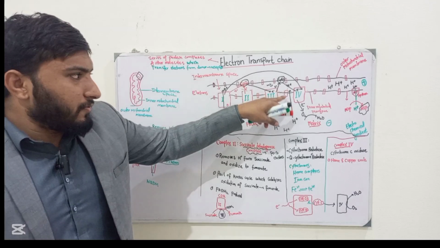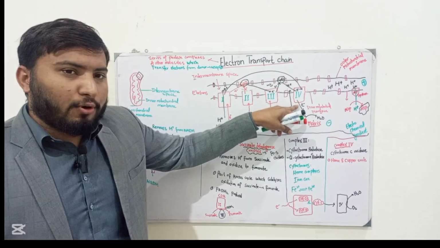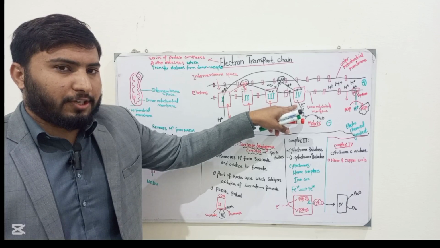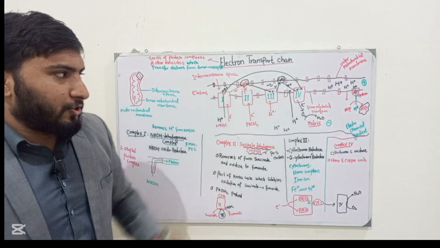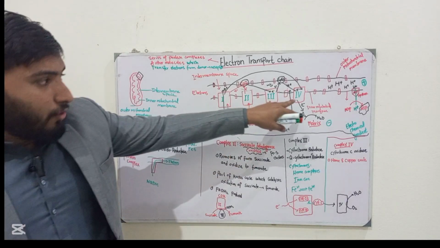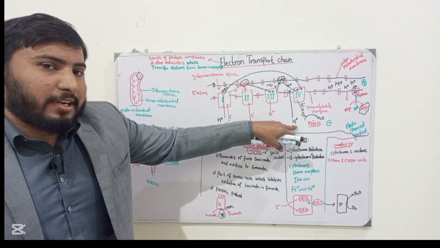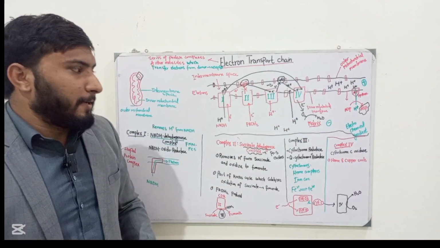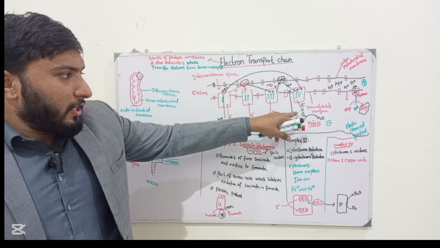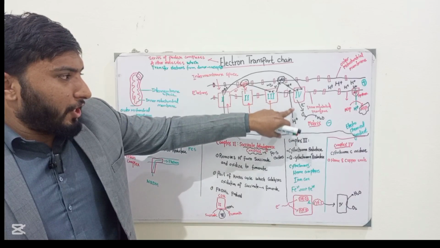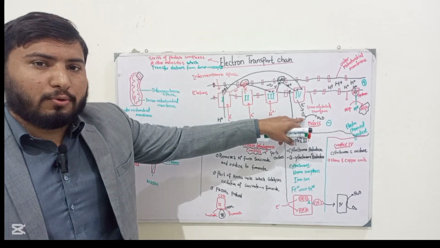Cytochrome C transfers these electrons to complex 4 of the electron transport chain, which is the last complex of the electron transport chain. It again overcharges with the electrons and it also pumps hydrogen ions from the matrix to the intermembrane space. Now, complex 4 transfers these electrons to the oxygen molecule.